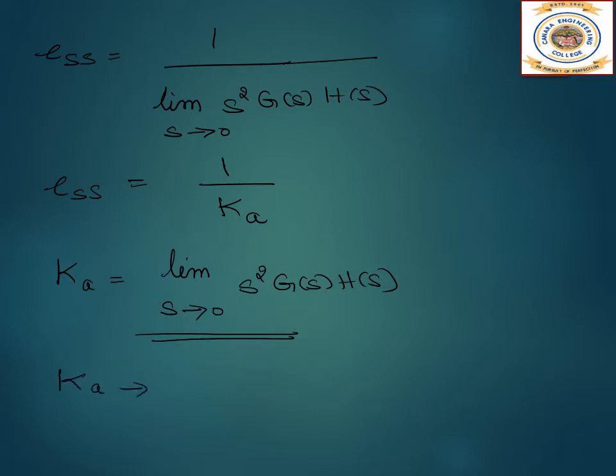So Ka is called the acceleration error constant. So the error constant due to the parabolic input is called the acceleration error constant. And the steady state error is given by 1 by Ka.